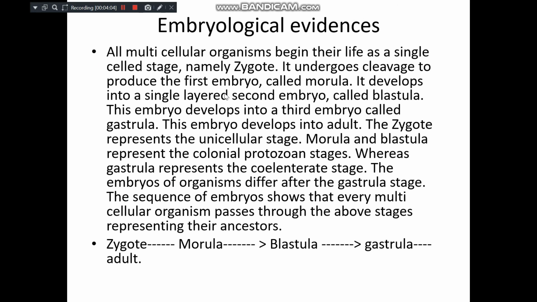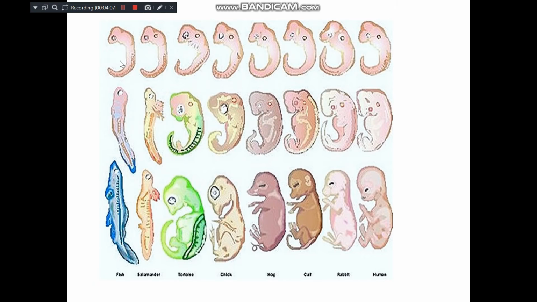And just observe this photograph. I must have shown you in the last class also. The embryonic development of any organism, either you take the fish, salamander, or chick, frog, cat, and human being. In the very early stages of the embryo, all embryos look alike.